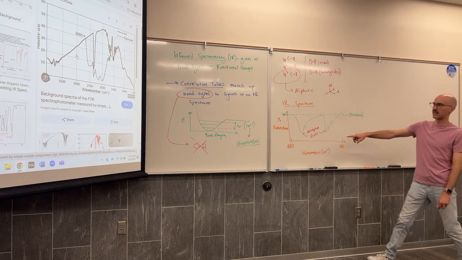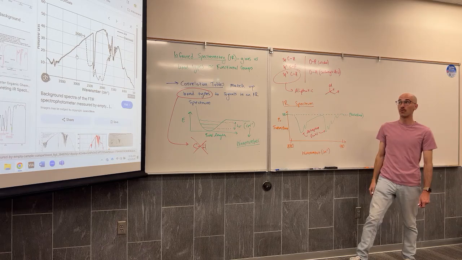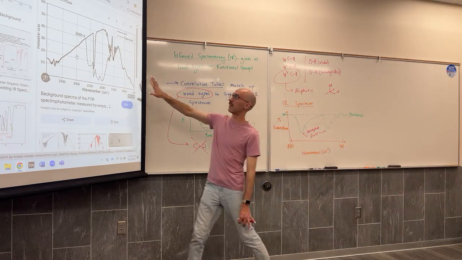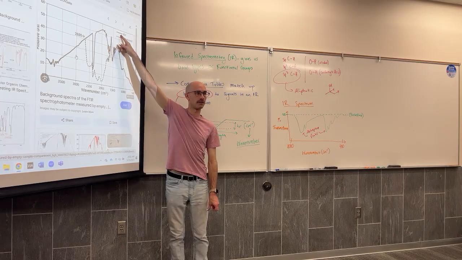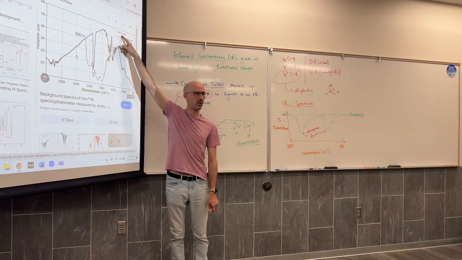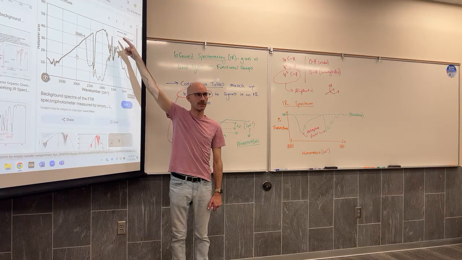Anyways, you can still kind of see there's a dip on the left, there's this sharp peak here. Regardless, this is background, literally air. And the question is, what is in the air that is absorbing in the IR?